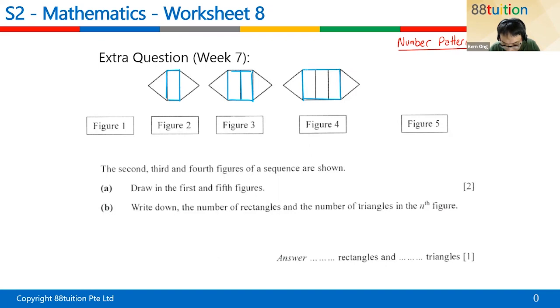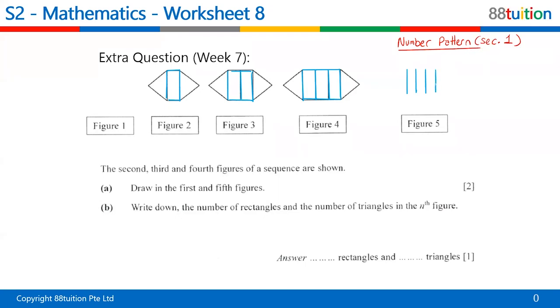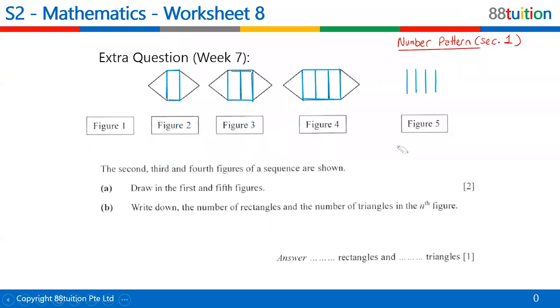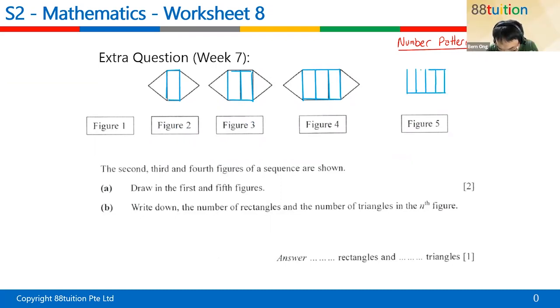Which means that figure 5 will have how many rectangles, Sherman? Sherman? Wait, are you okay? Figure 2 got 1. Figure 3 got 2. Figure 4 got 3. Hello? 4. Yeah, smart boy. I think I caught him off guard suddenly, so he missed out. So figure 5 got 4 rectangles.